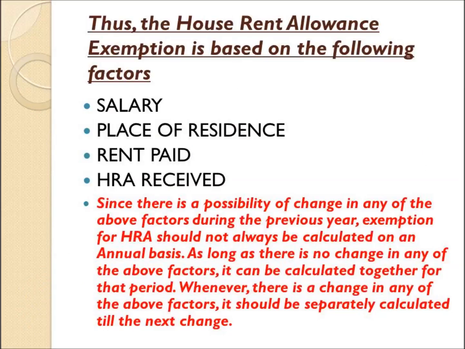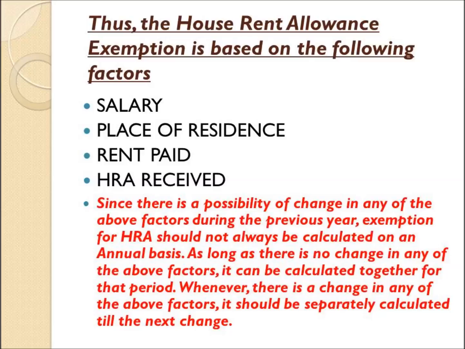Thus, we can see that the house rent allowance exemption is based on the following factors. These are the factors on which the exemption of HRA is dependent. Number one is salary, of course, because amongst the three conditions given, that is the minimum of the three amounts given, two of them is based on salary.